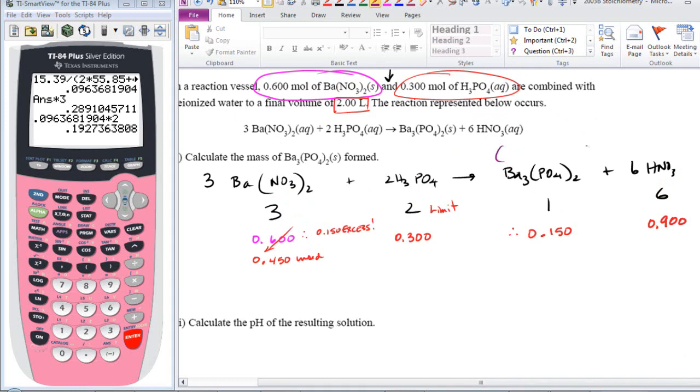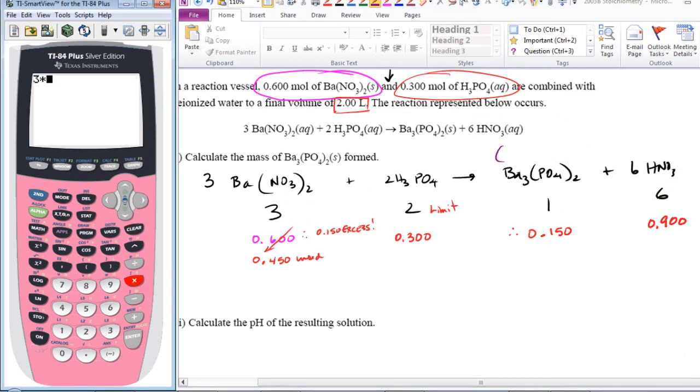All right, so I've got 3 bariums. Looking at my periodic table, 3 times 137.33 plus the phosphate. That's 2 phosphates. So plus 2 times, and phosphate is, or not phosphate, but phosphorus, 30.974 plus 8.